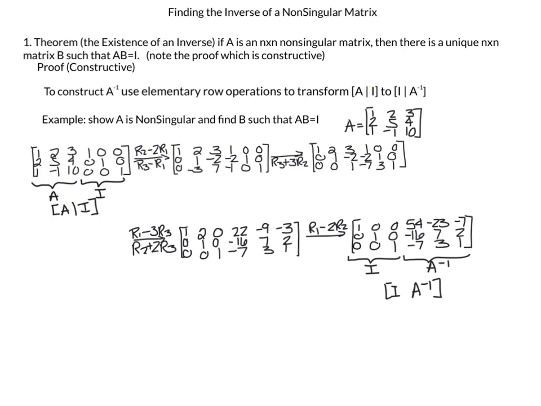And it's row equivalent, after many steps, to I concatenated now with A inverse. And I did not do this extra step, but you can verify that if you multiply A times this A inverse, that will equal A inverse times this A, which will equal I.